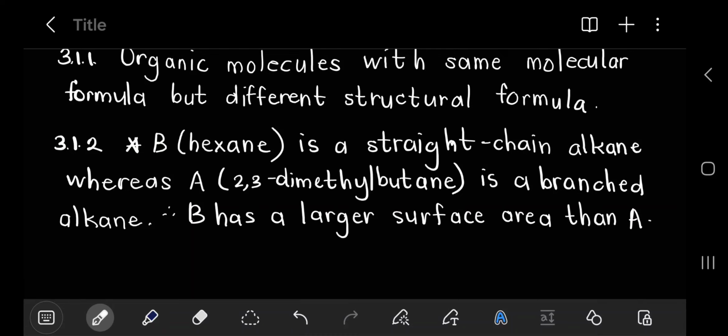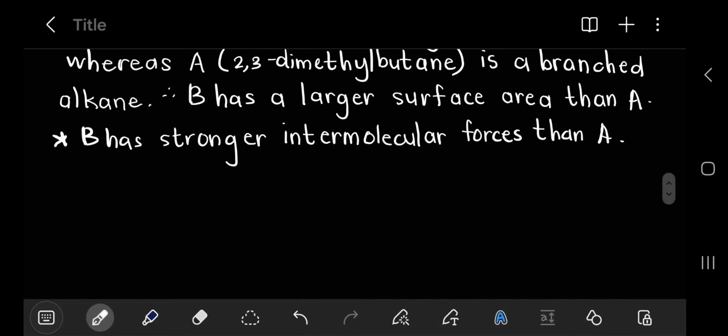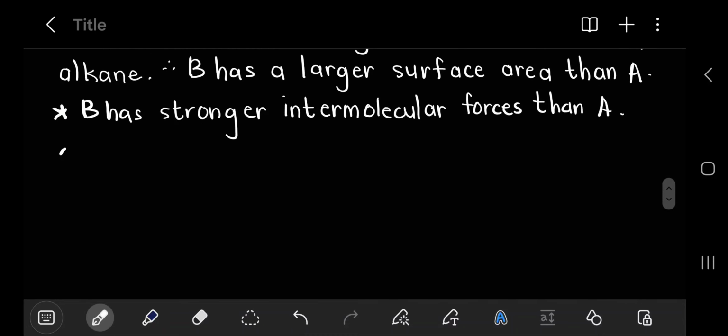B has a larger surface area than A. Now when you talk about surface area, the next thing that you need to mention is the intermolecular forces and then energy. Since B has a larger surface area, it should have stronger intermolecular forces than A.